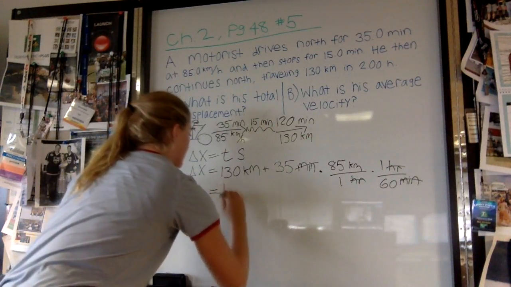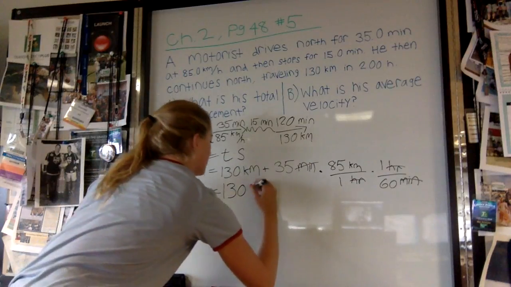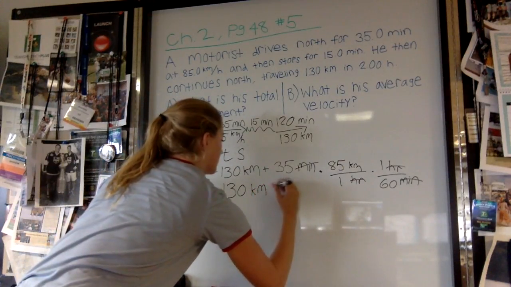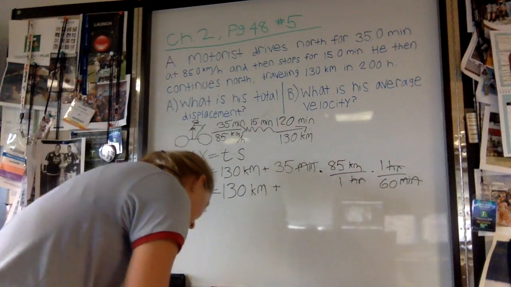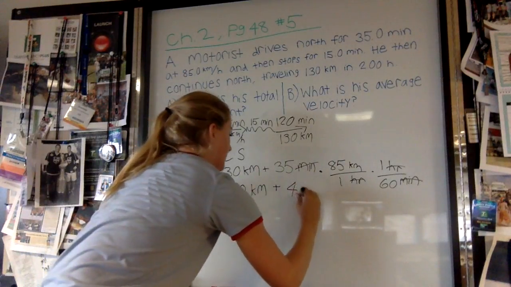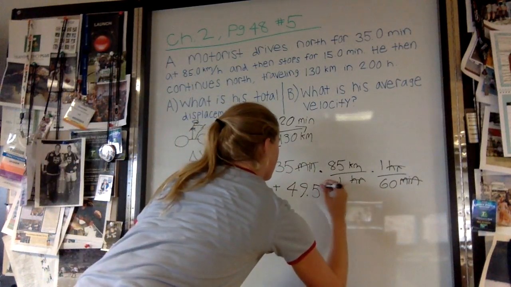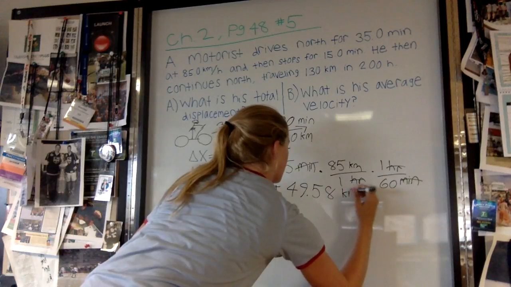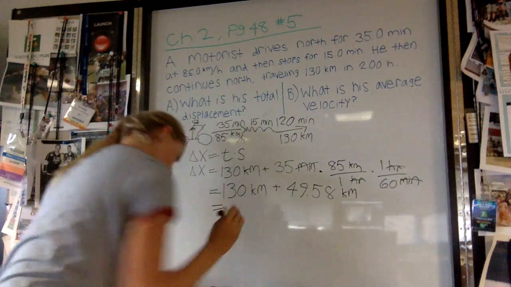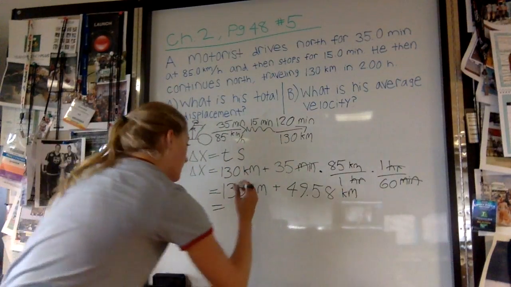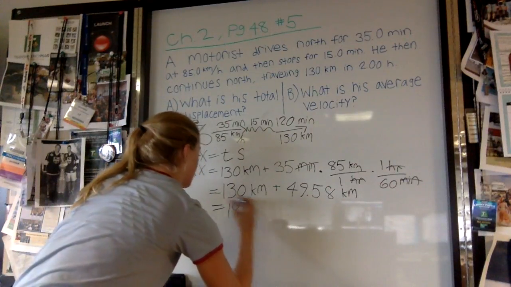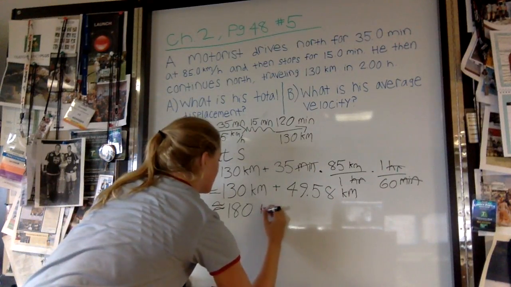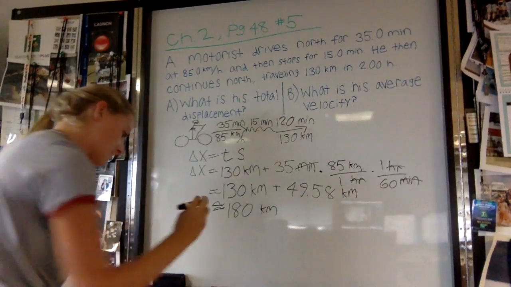So then if you use a calculator, you get 130 kilometers plus 49.58 kilometers, which then simplifies approximately 180 kilometers.